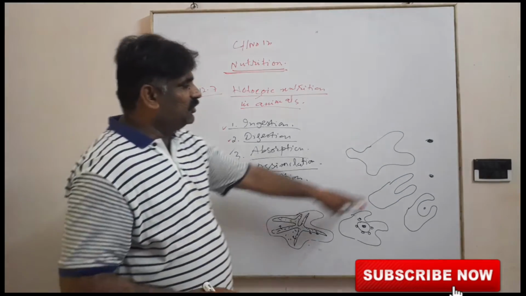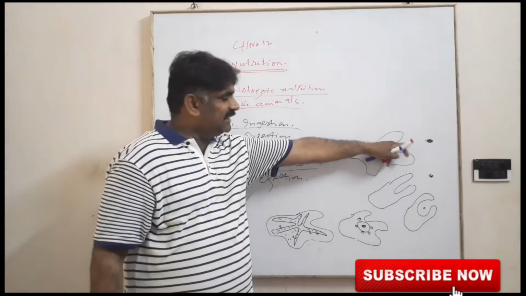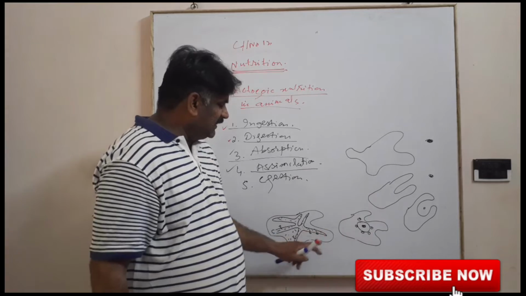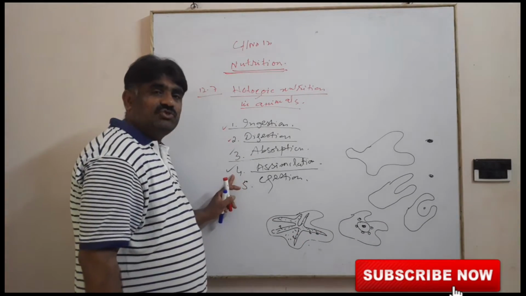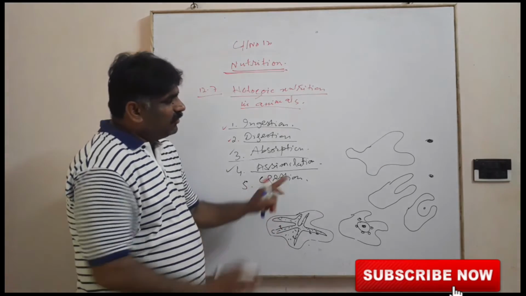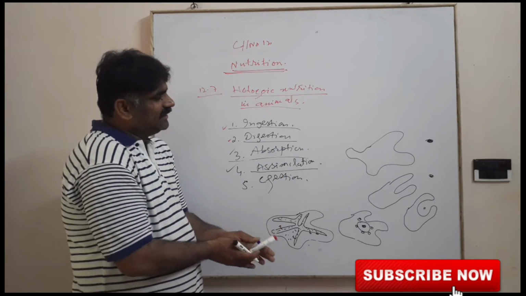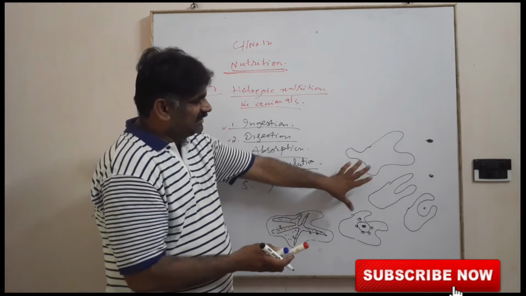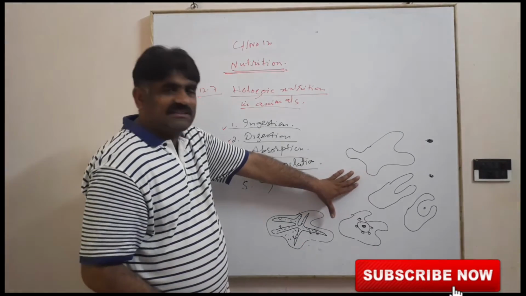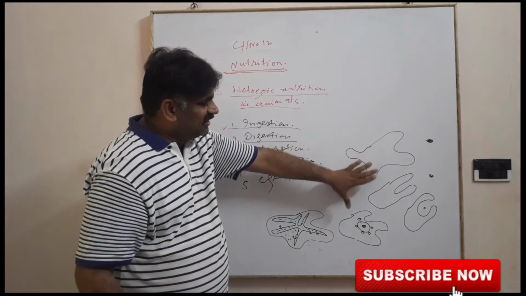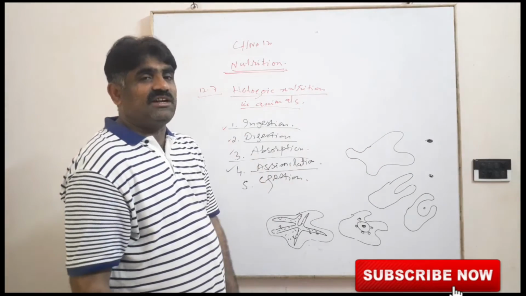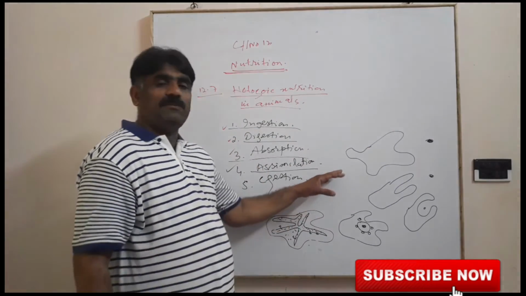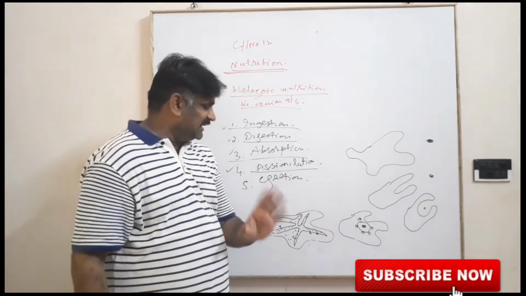Whatever food amoeba took in the first step, then digested, then absorbed, is finally utilized by the cell. Overall, amoeba is a one-celled structure, so all digestion steps take place inside the cell. This is called intracellular digestion. Amoeba performs only intracellular digestion.